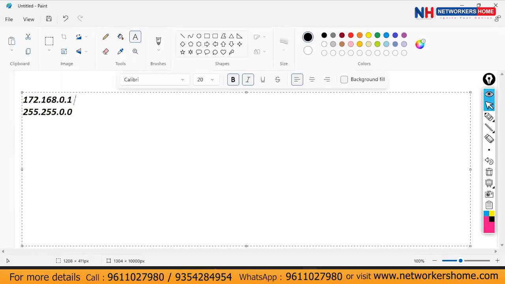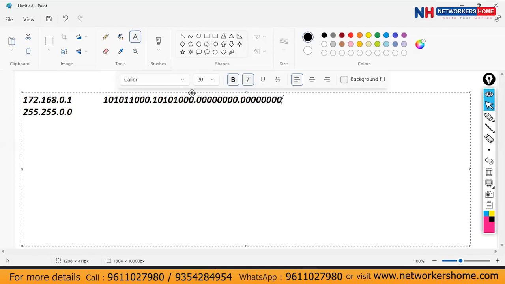If you write this in binary, what will be the binary for 172? 128 plus 64 is 192. For 172, check the binary: 128, 32, 160, 168, 172.